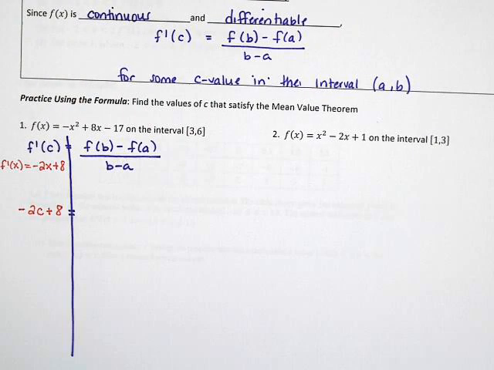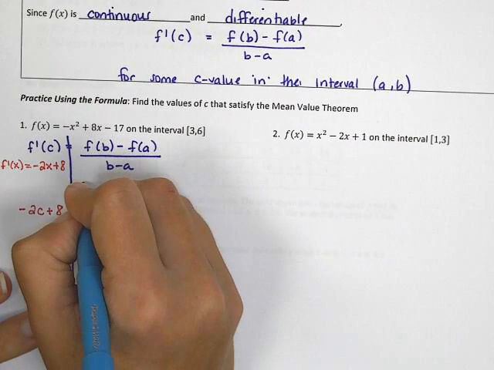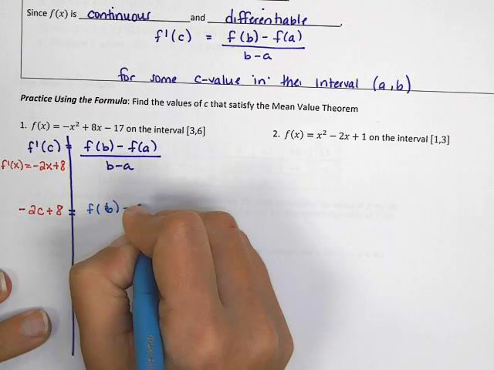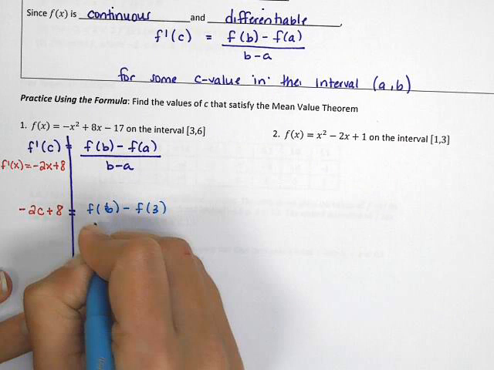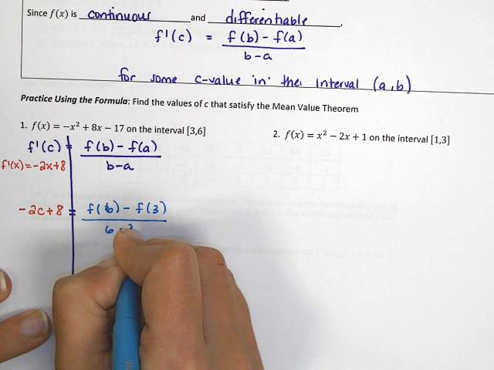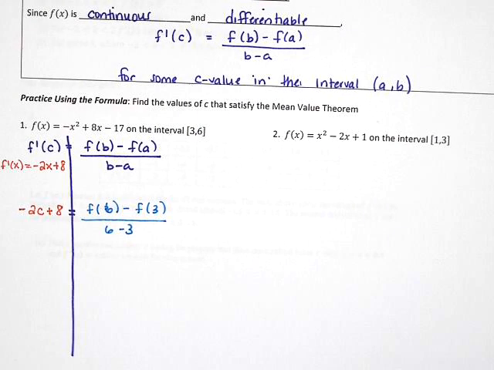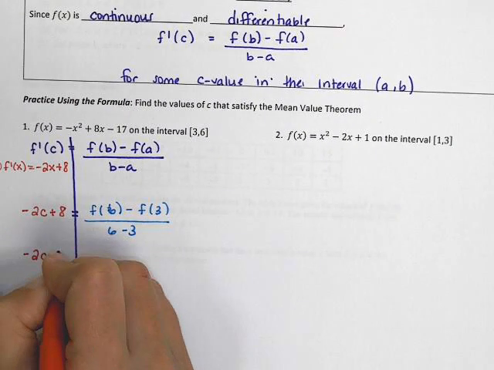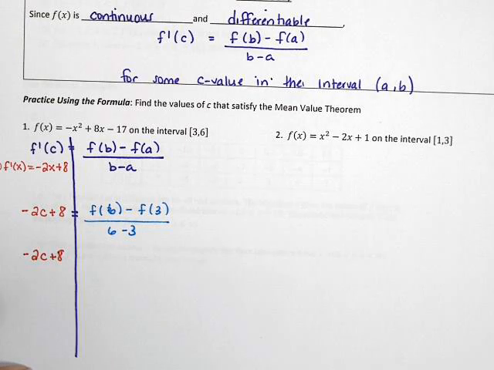F of b minus f of a over b minus a is saying do the slope between 3 and 6. So I would have f of 6 minus f of 3 all over 6 minus 3. Let's simplify. To figure out f of 6, I would plug 6 into my original function.